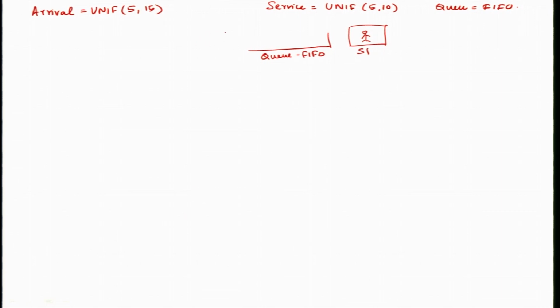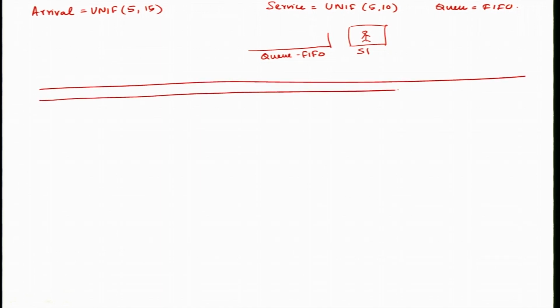Arrivals are going to happen here. So, we first make a table or a tabular format, remember, and this is called the entity list or event list.